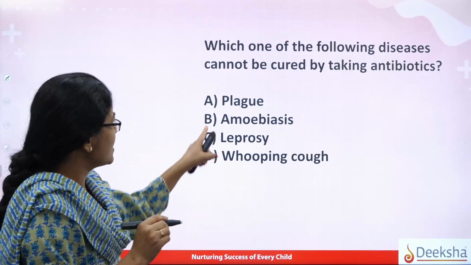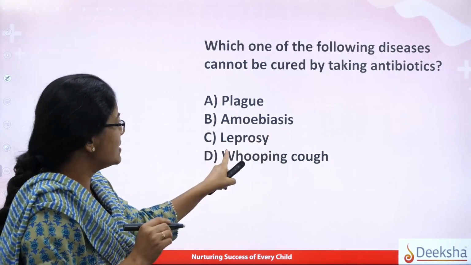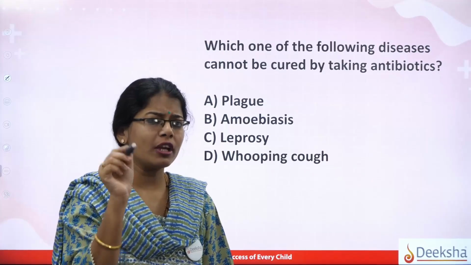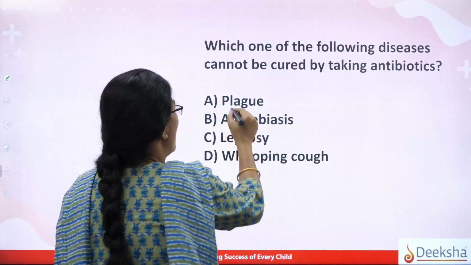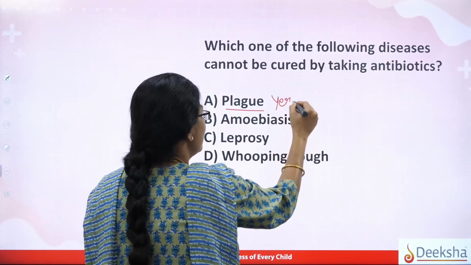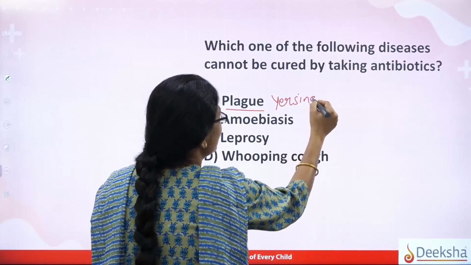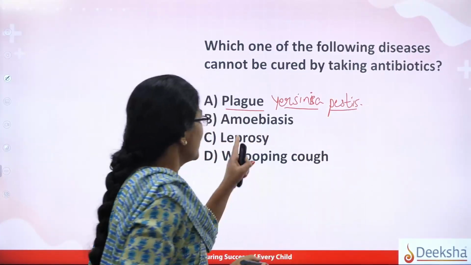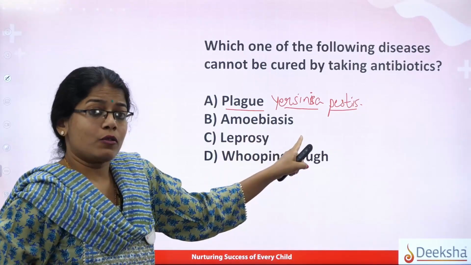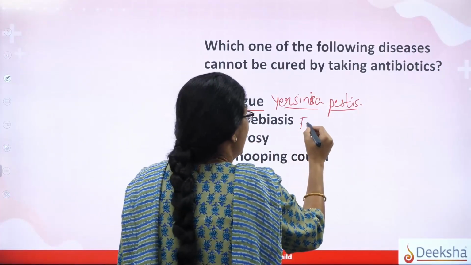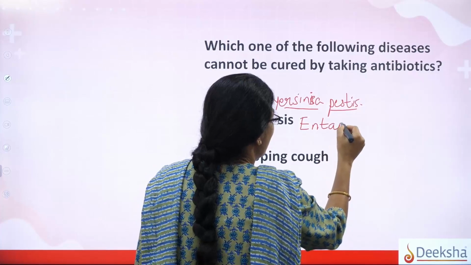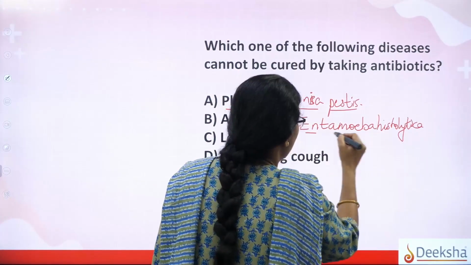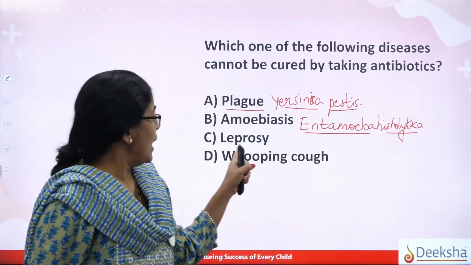The options are plague, amoebiasis, leprosy, and whooping cough. Now if you look at the organisms, plague is caused by the organism Yersinia pestis, right? Amoebiasis is caused by a protozoan, Entamoeba histolytica.